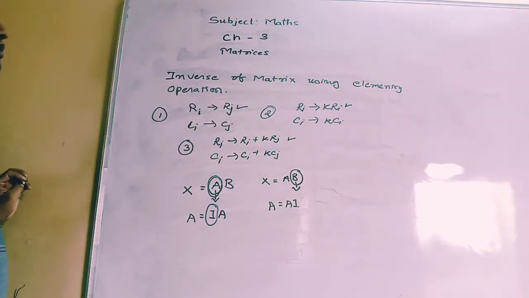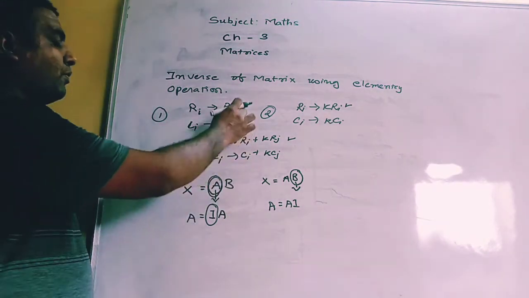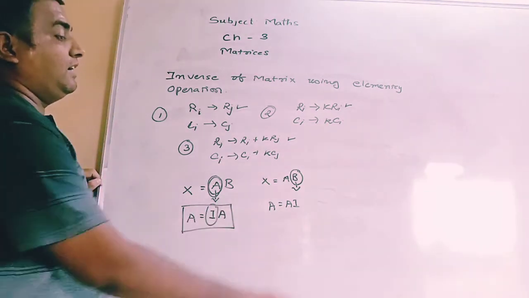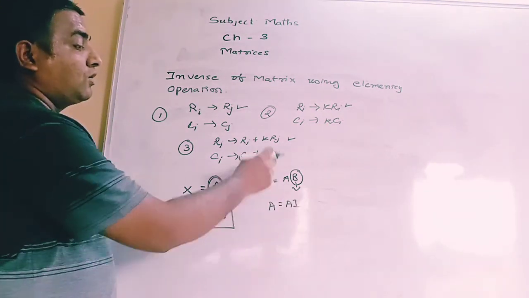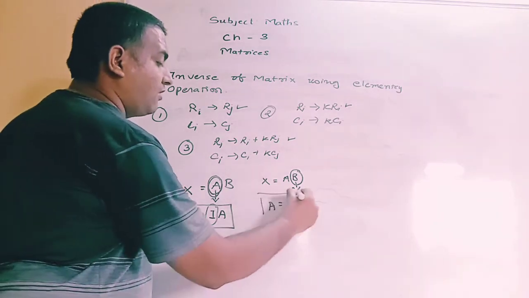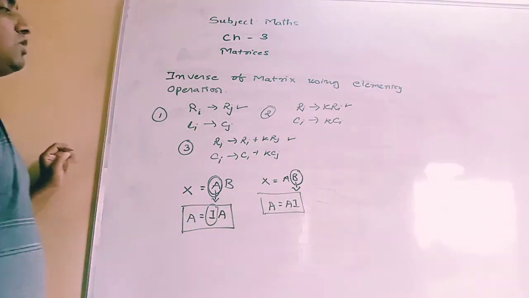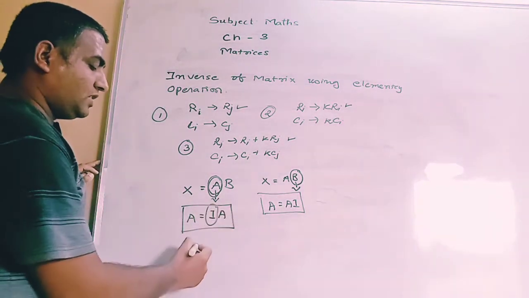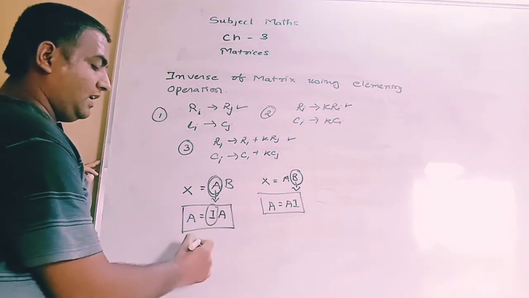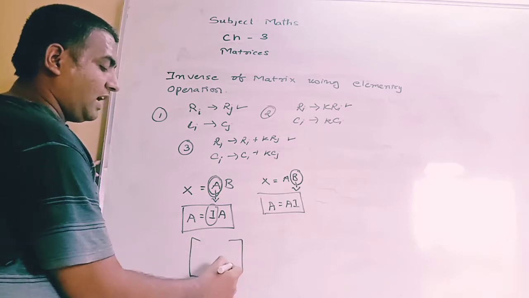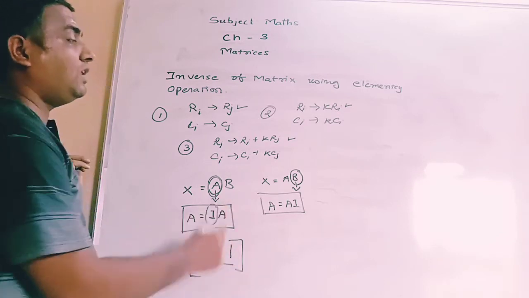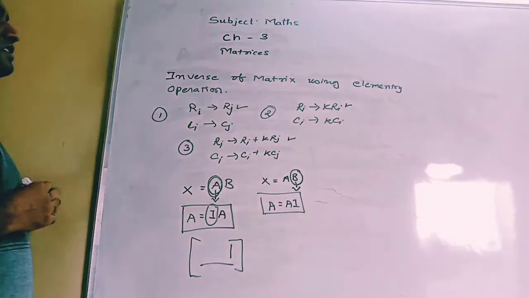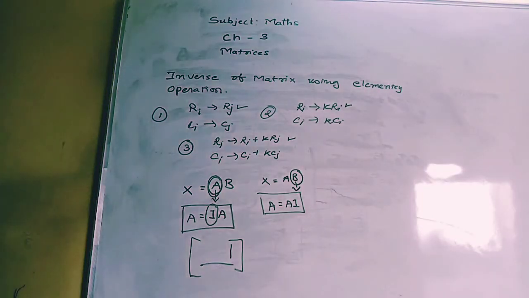So whenever we want to find the inverse with row operations, we take A equals IA, and with column operations, A equals AI. Also, in finding the inverse, if after applying elementary operations any row or column has all elements 0, then we say that its inverse does not exist.